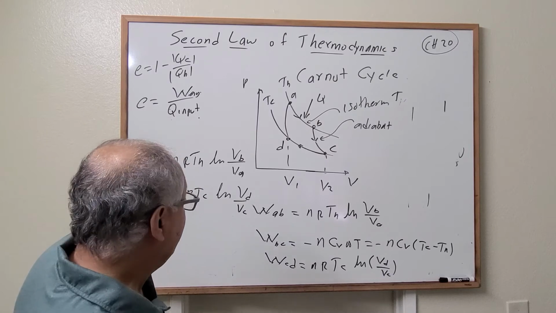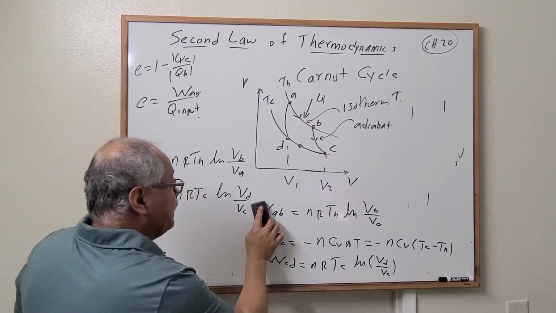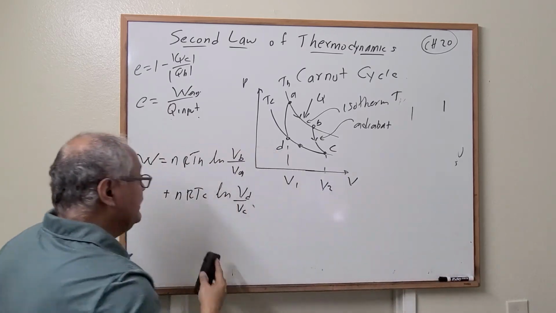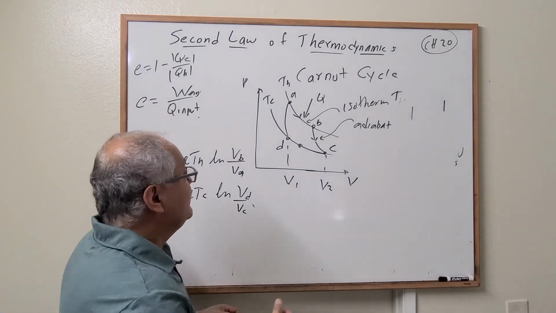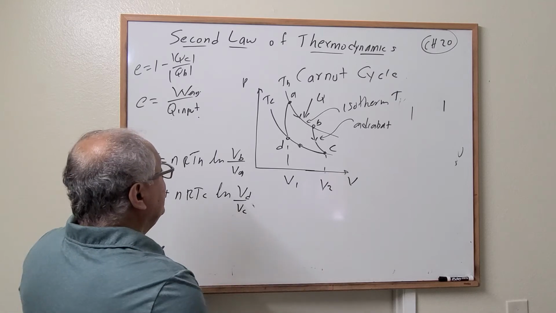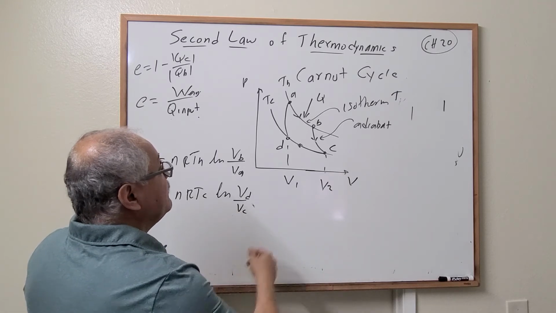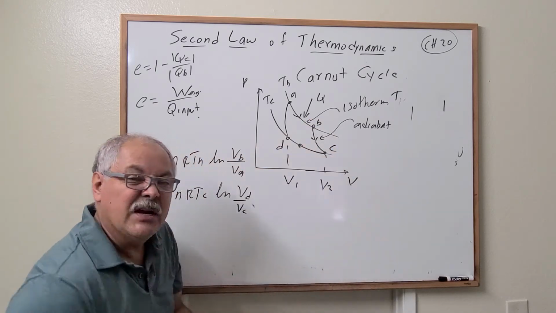Perfect. In this way, let me erase this part. This is the last equation that we got. Look, let's use the adiabat, these two points, B and C. Let's use temperature.